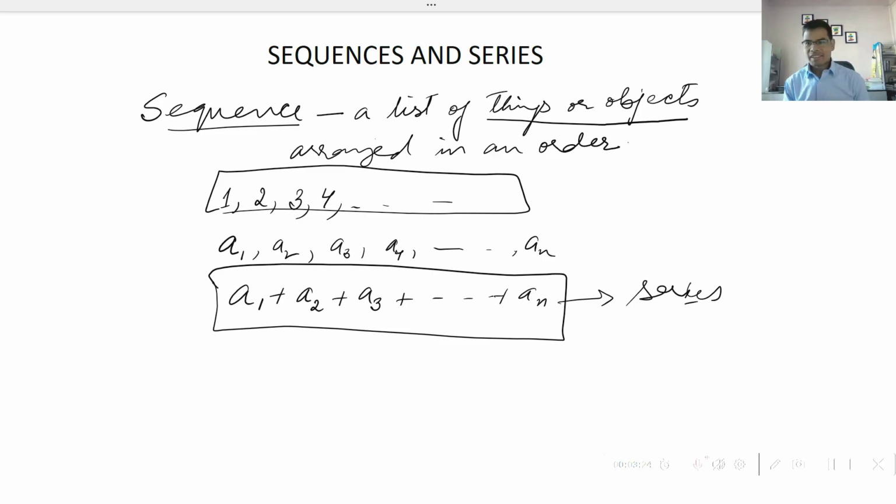Now in this session we'll focus on one sequence, or what we call progression. Let me first define what it means when we say progression.